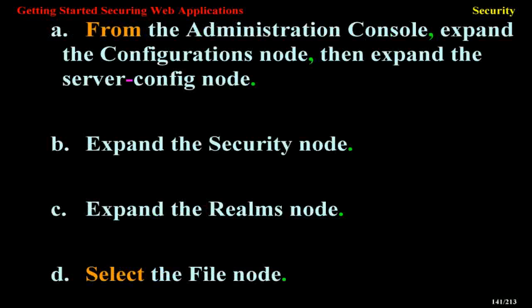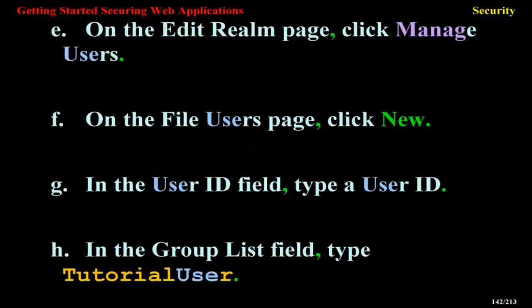Expand the Configurations node, then expand the server-config node. Expand the Security node. Expand the Realms node. Select the file node. On the Edit Realm page, click Manage Users. On the File Users page, click New. In the User ID field, type a user ID. In the Group List field, type TutorialUser.